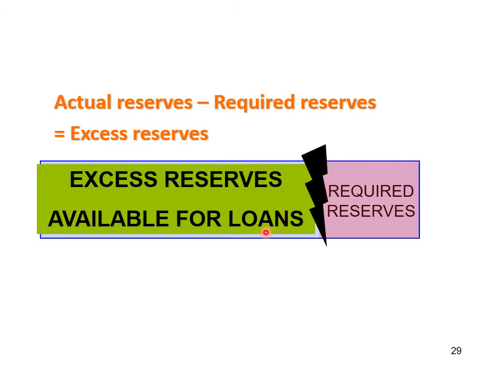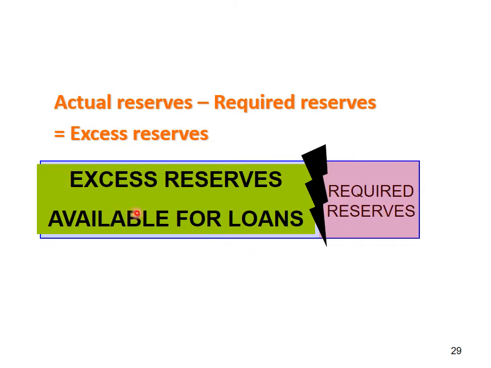Now, the bank will decide whether they want to lend out this entire lot as loans, or only a portion. If they only want to lend a portion, that means another portion here would be the excess reserves. So the banks make a decision on what to do with their deposits in total.